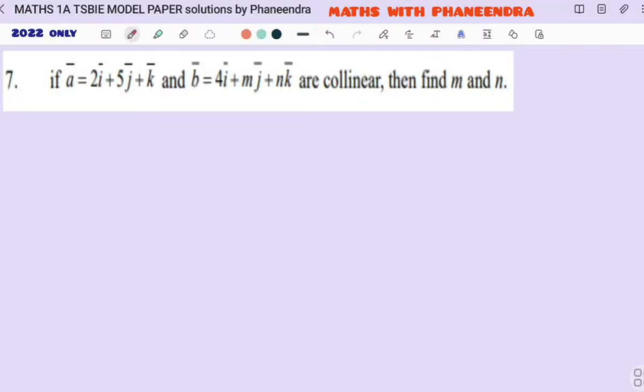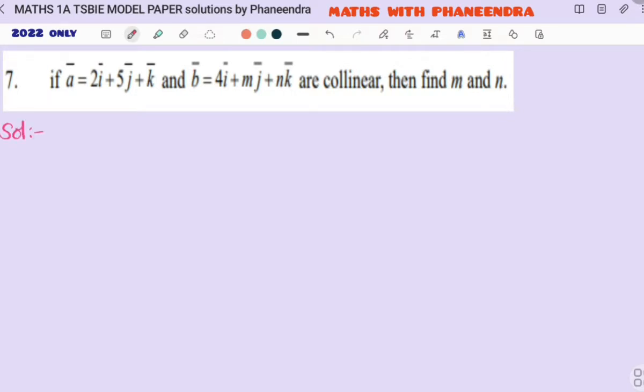Yeah, we'll enter into question number 7. If A bar equal to 2i plus 5j plus k and B bar equal to 4i plus mj plus nk are collinear, then find m and n. So the first step is to write the given vectors.